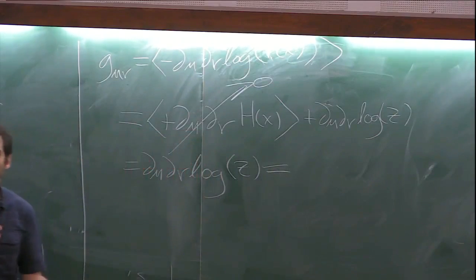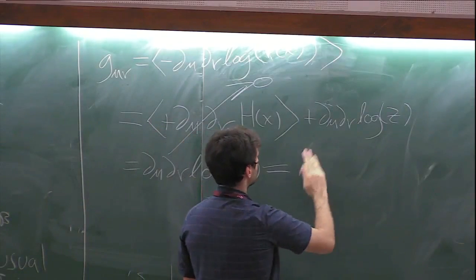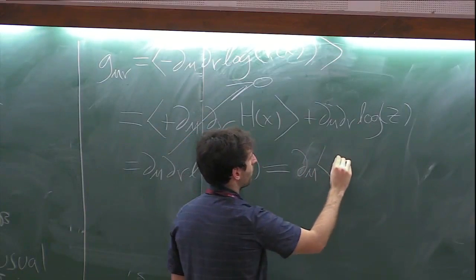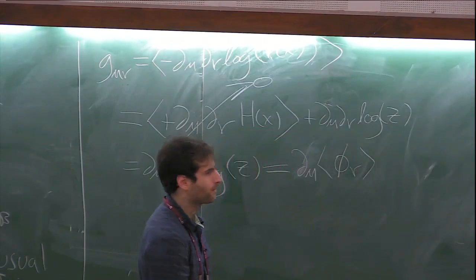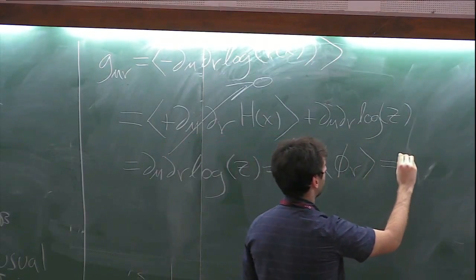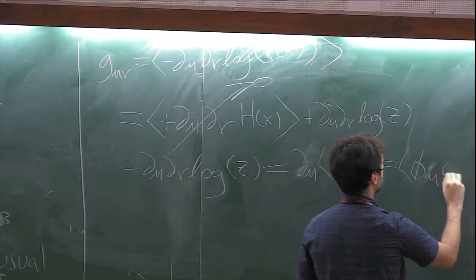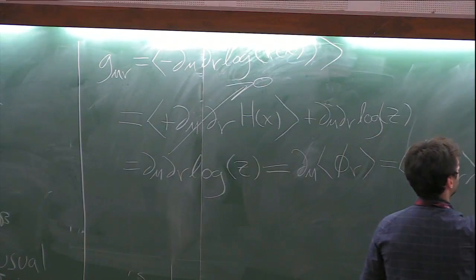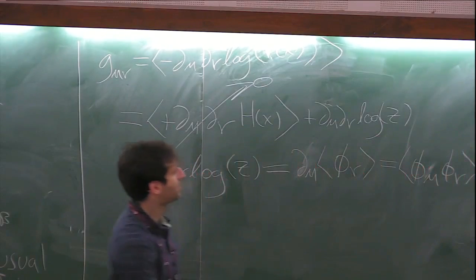And this is another good exercise. This I can also write in two ways. So one as d mu phi nu, and one as phi mu minus phi mu phi nu.